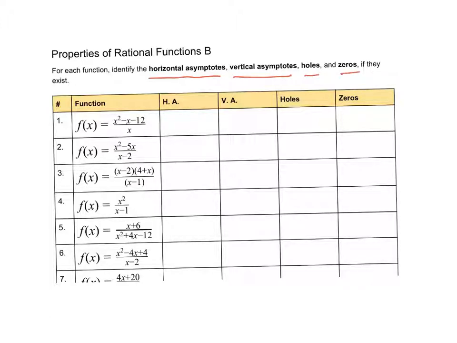And we had this worksheet B where we are analyzing each of the functions over here and filling in the horizontal asymptote, the vertical asymptote, the holes, and the zeros into this chart. So I'm going to just run through a few examples so you can see how this thing is supposed to go, and hopefully this will help you as you progress through the worksheet.